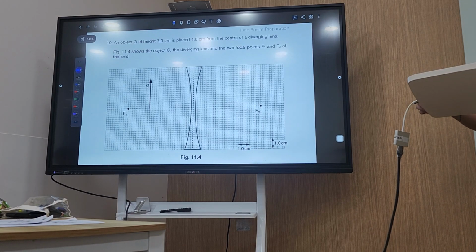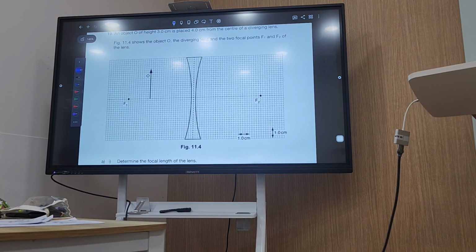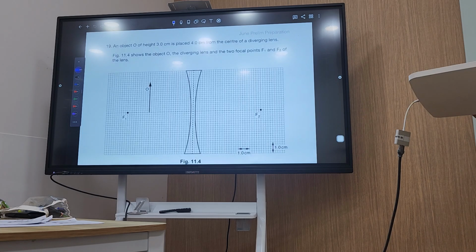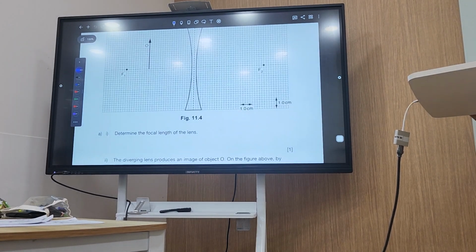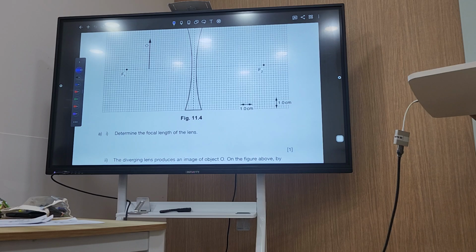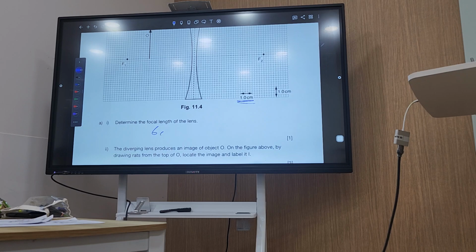Alright, question 19, very interesting, very fun. Determine the focal length of the lens. Now, I know you guys have different drawings from mine, so this one is not actually 1 cm. The answer put 6 cm, but I think for you guys it should be like 5.6.